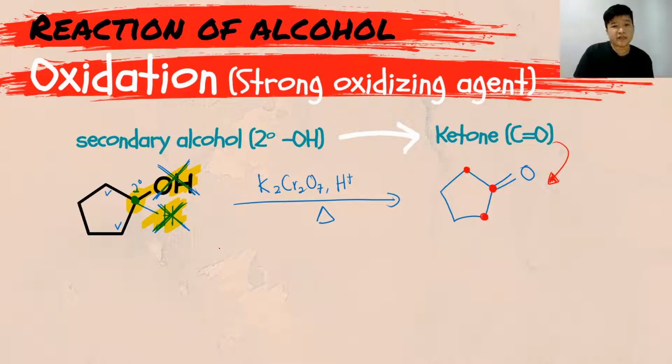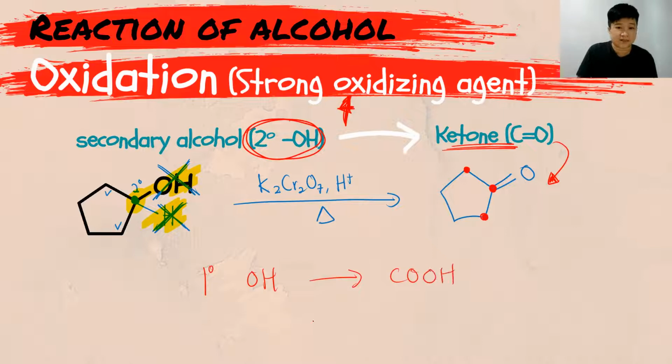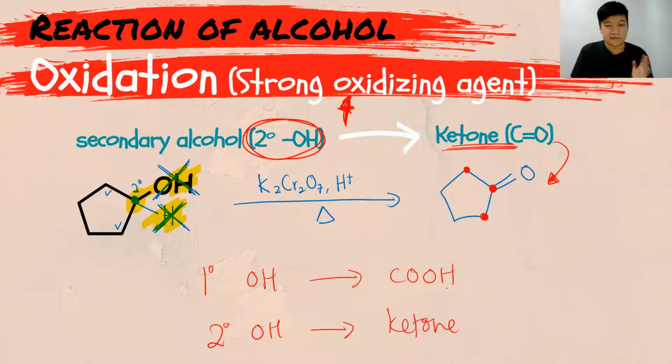So do we agree that all your secondary alcohol, when undergoing a strong oxidizing agent process, you will definitely get your ketone. So over here, primary alcohol becomes carboxylic acid. Secondary alcohol becomes ketone. Alright, simple.